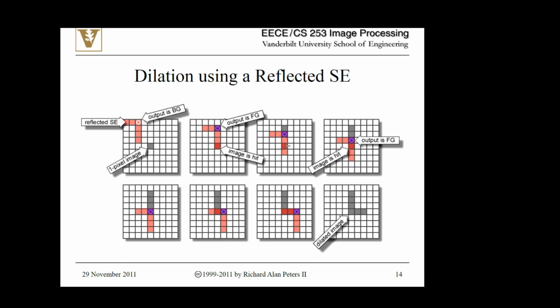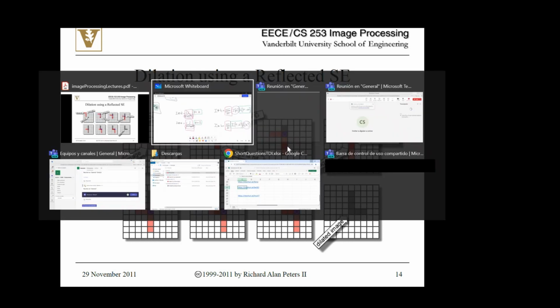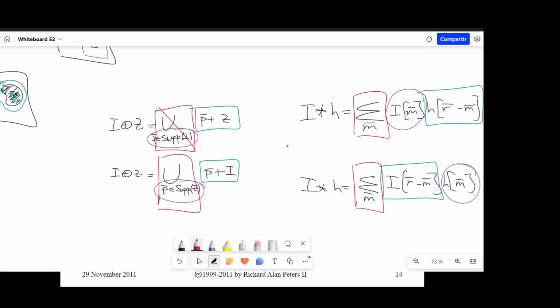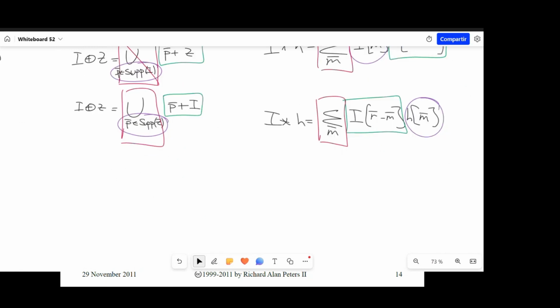So if this works as a convolution, one of the properties of the convolution is the following: delta convolved with anything gives the same thing. So does it behave the same here? If I have delta dilated by the kernel, is it the kernel?